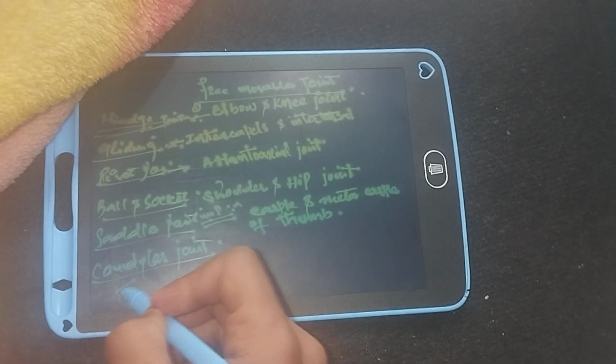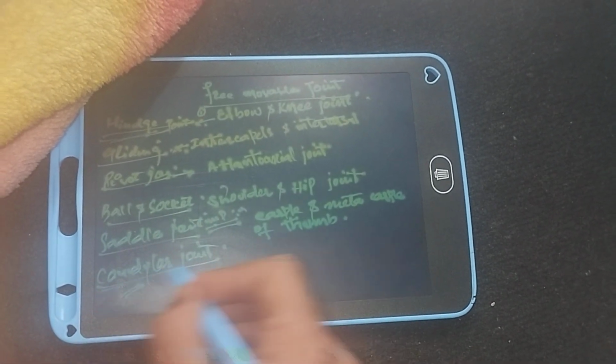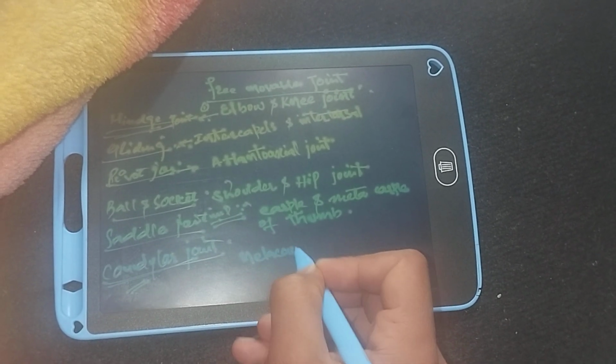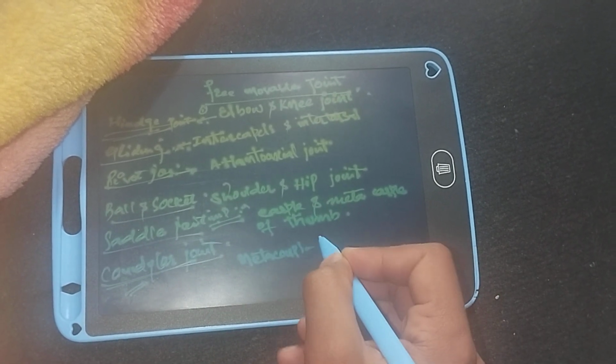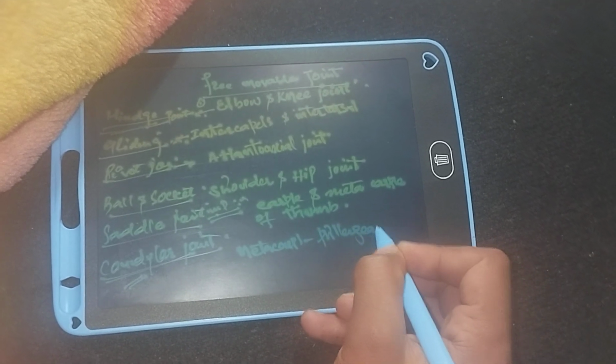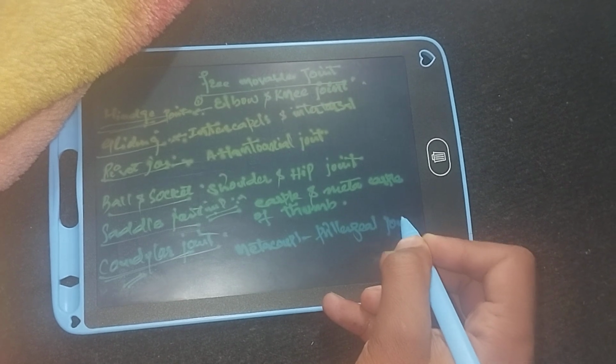Then the last one is the condylar joint, present in the metacarpophalangeal joint of the fingers.